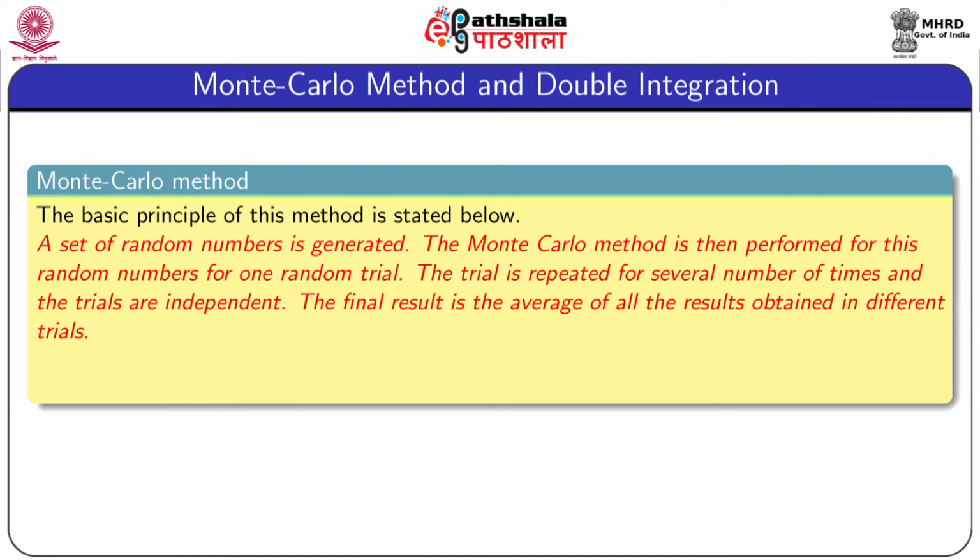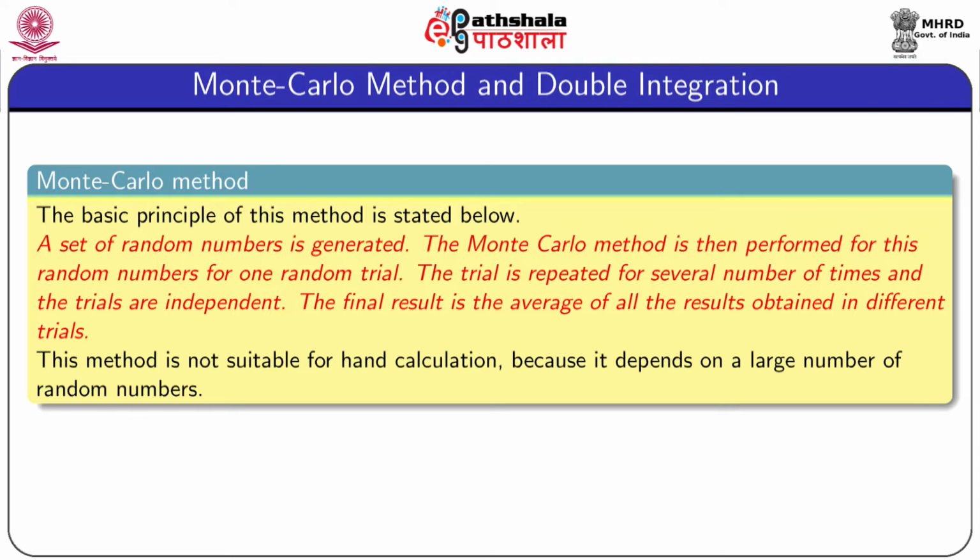The trial is repeated several times and all these trials are independent. The final result is the average of all results obtained in different trials. So, this principle may be used to find an integration or to solve any other kind of problem. This method is not suitable for hand calculation because it depends on a large number of random numbers.